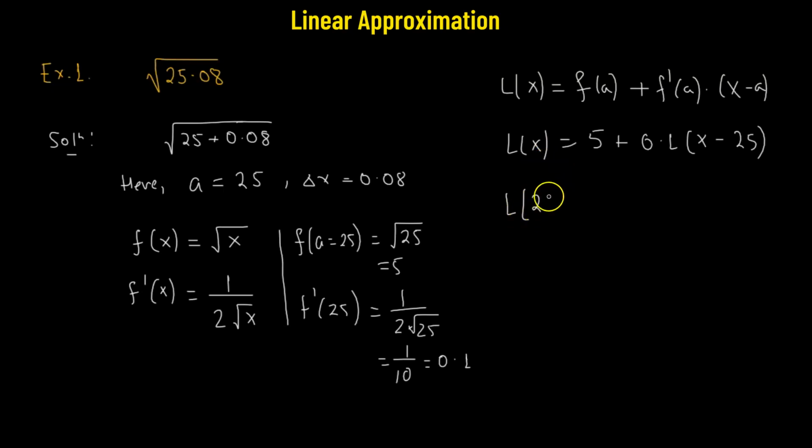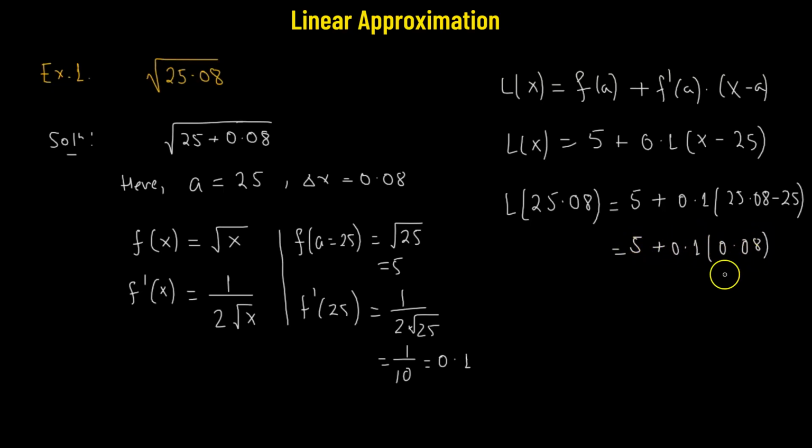Here we will take the value 25.08. So this will be 5 plus 0.1 multiplied by 25.08 minus 25. That gives us 5 plus 0.1 times 0.08, which will be 5 plus 0.008, or 5.008. So this is our linear approximation.